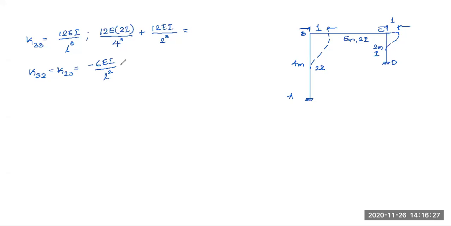Since it is 0, we have given unit displacement for the vertical members AB and CD. So sway will be affecting only the columns. So beam, nothing will happen due to sway. So moment set up in that member beam at joint B will be 0. That is another way of calculating this K value, 2, 3 or 3, 2 value. So can you tell me what is K33 equal to?